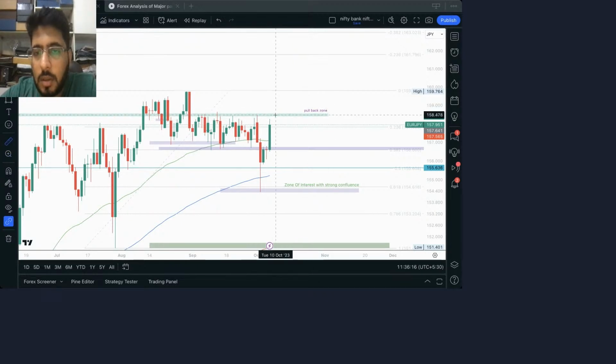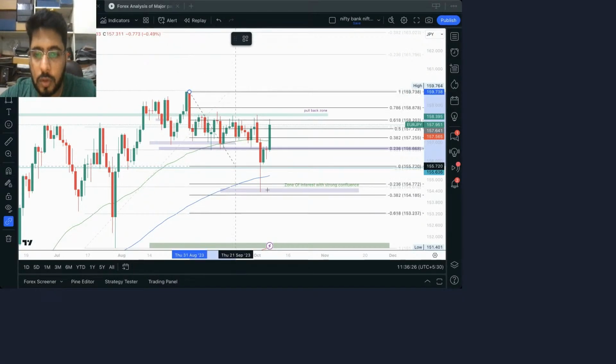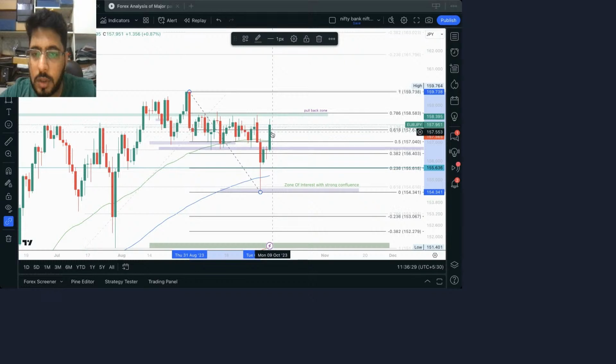I think 100 pips. Same. And if we see the fib over here in the bigger time frame, it crosses the 618, but yes, the zone is very strong.